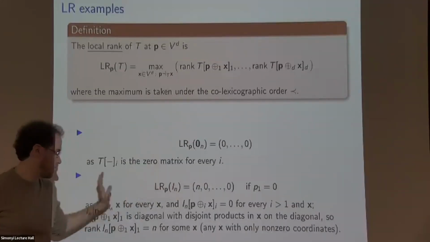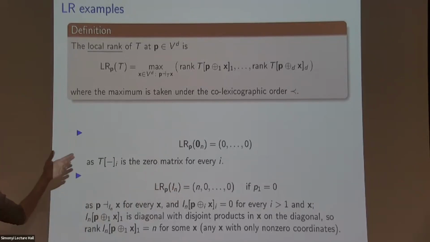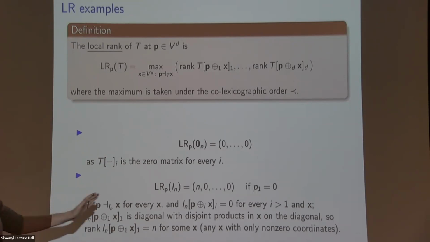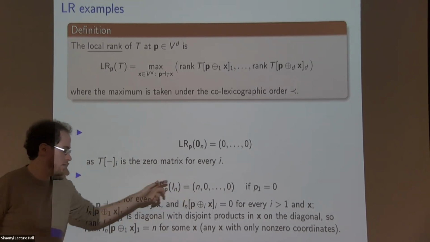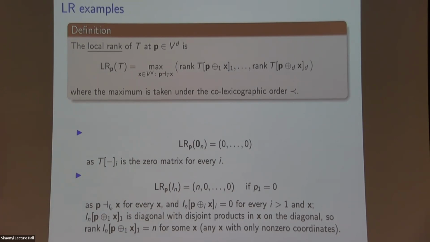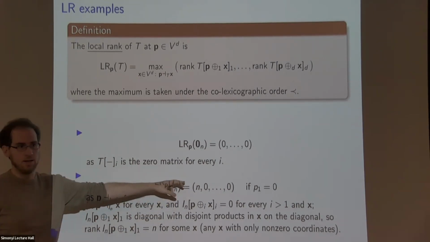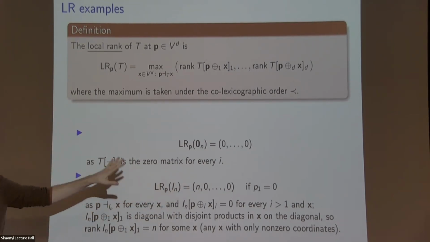For the last coordinate, all the other coordinates are fixed, so maximizing over the vectors is actually just a one-dimensional maximization of the first coordinate. The first coordinate turns out to be n. The take-home message here is that this will not be something that I would consider a small local rank, because it has a component that goes with n, so that's a relatively high local rank.